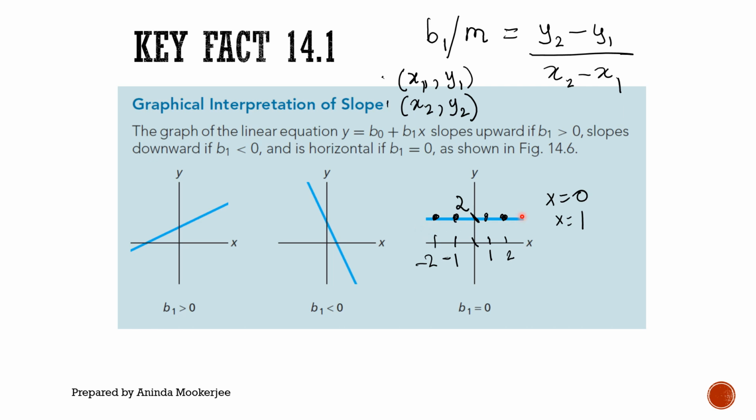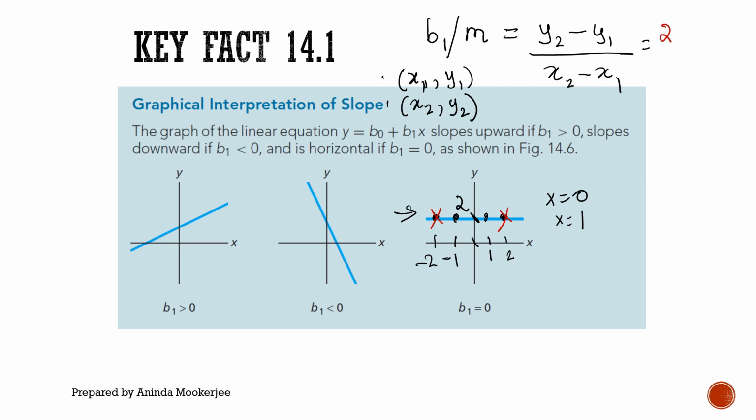And what happens in a horizontal line is, since all the y values are constant, no matter what the x values are, it'll always be the same y value we are subtracting. So for example, let's look at this point and this point. The y values of both these points are 2, correct?